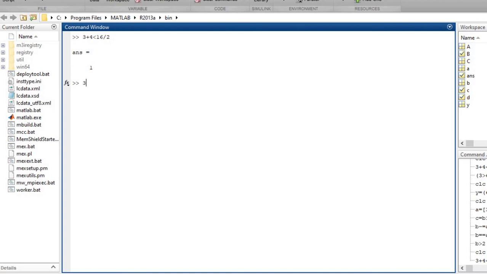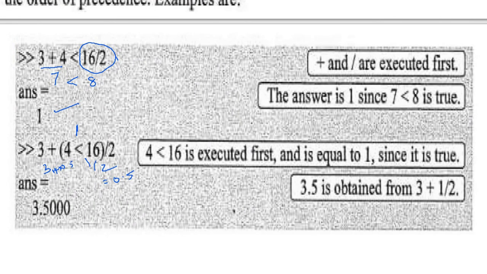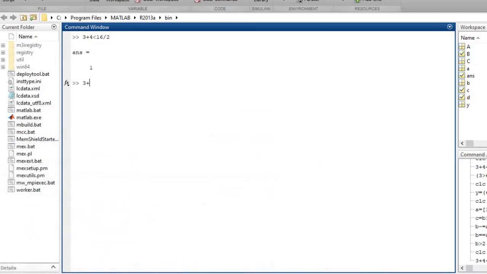Next, 3 plus, in parentheses, 4 less than 16, divided by 2. 4 less than 16, then divided by 2. The answer is 3.50. Like that we can evaluate any expressions using the relational operators.